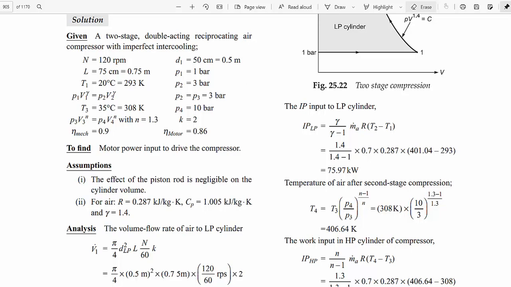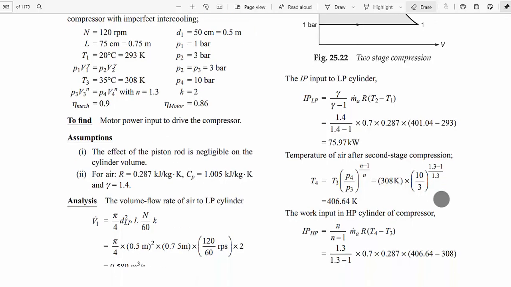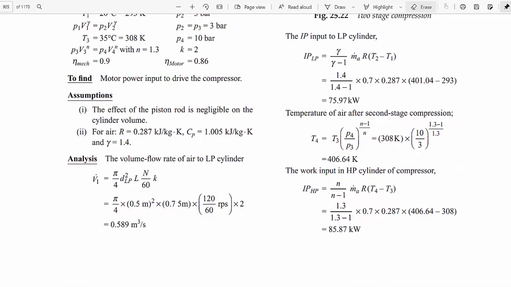Then similarly, the indicated power of the HP compressor is the same formula, but the difference is n instead of gamma: n divided by n minus 1 into ma into R. The limits are the second stage limits, T3 and T4, therefore T4 minus T3. Substitute the values, then we will get 85.87 kilowatts. This is the indicated power of the second stage.